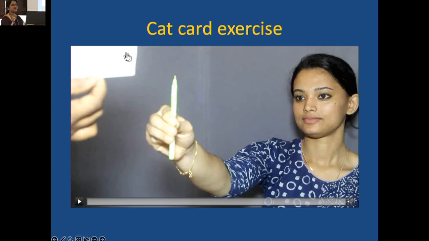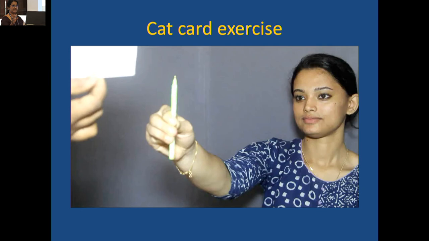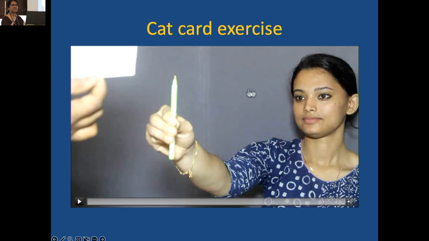So this is the CAT card stereogram in which you have two incomplete cats, one with the tail and whiskers and the other without. So this is held at a distance and the patient is looking at the tip of a pen, which is kept midway between the card and the patient.